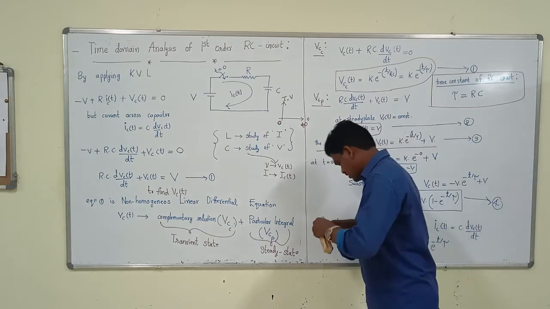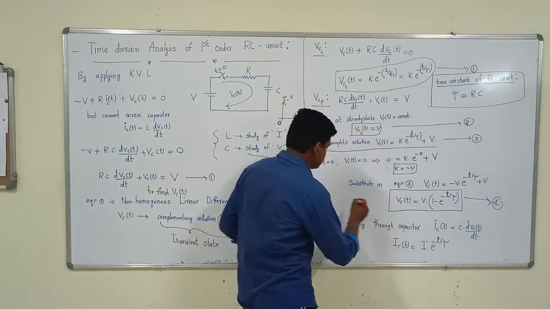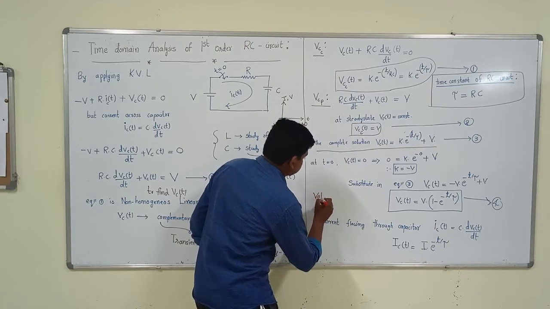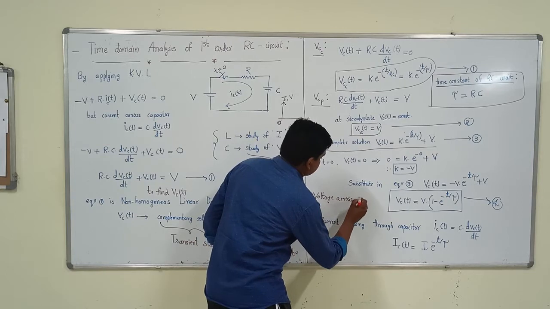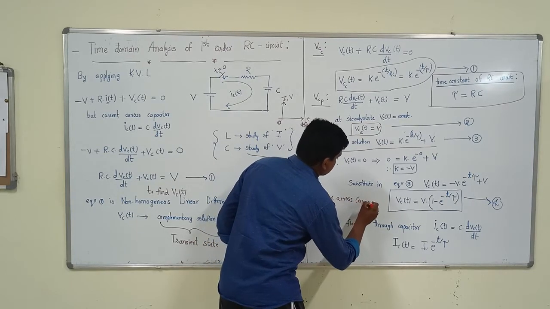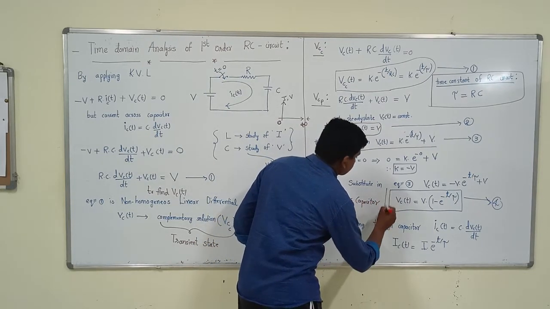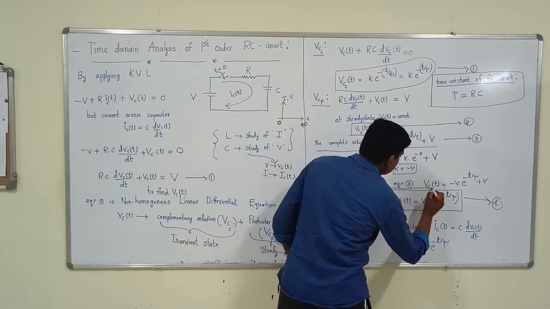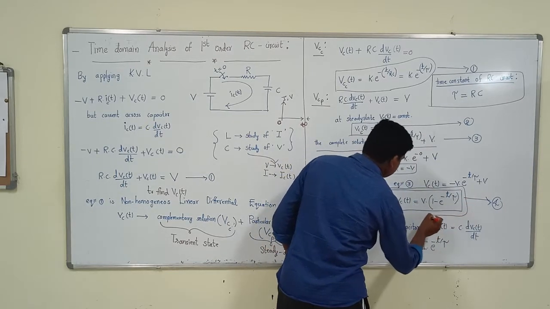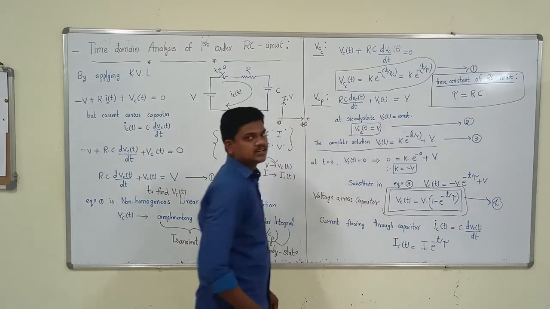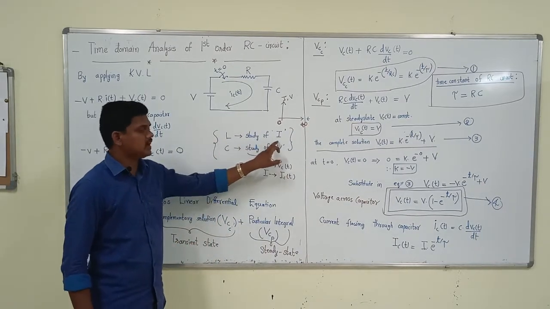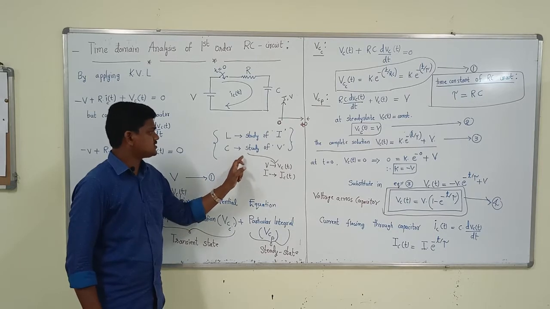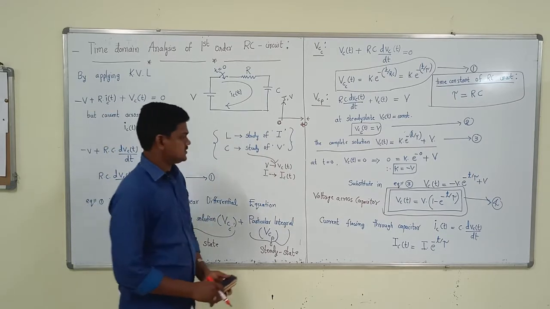This is the voltage across the capacitor. In the case of the RL circuit, we discussed the current through the inductor, because the inductor gives the study regarding current, and the capacitor gives the study regarding voltage, right?